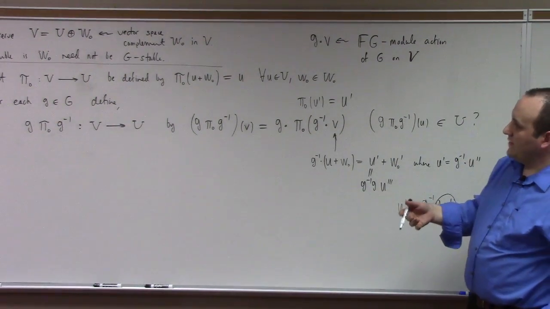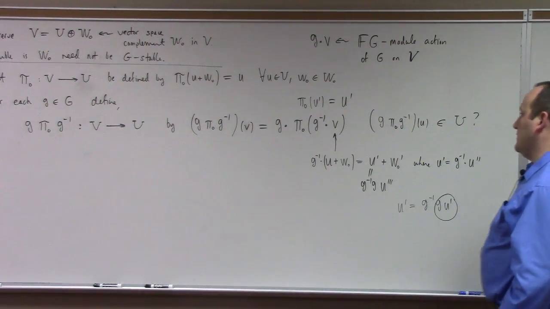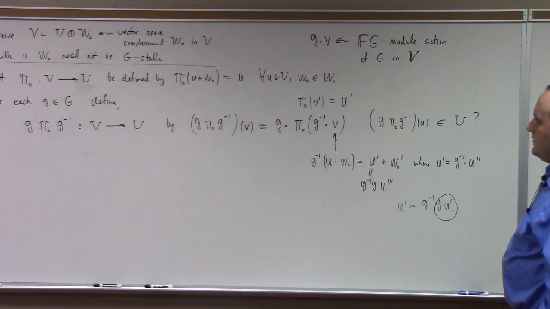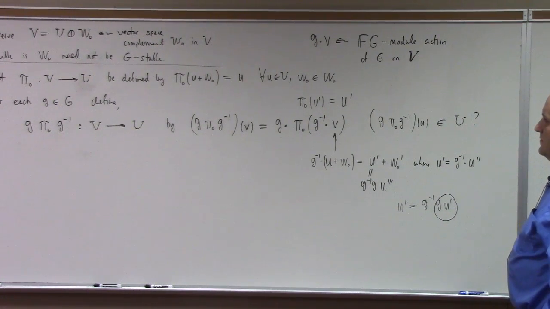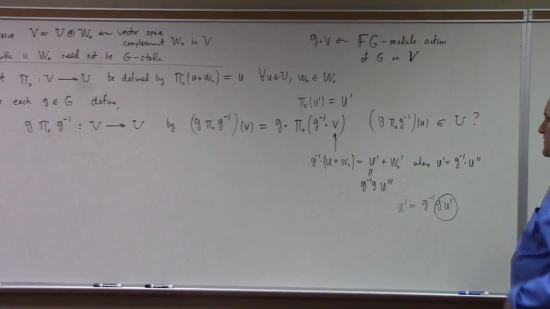And that U is G-stable. We know that already? Yeah, I think by the correspondence between submodules and G-stable subspaces. Because that's what I'm trying to prove at the moment. I'm trying to prove that G pi naught G inverse is U stable.